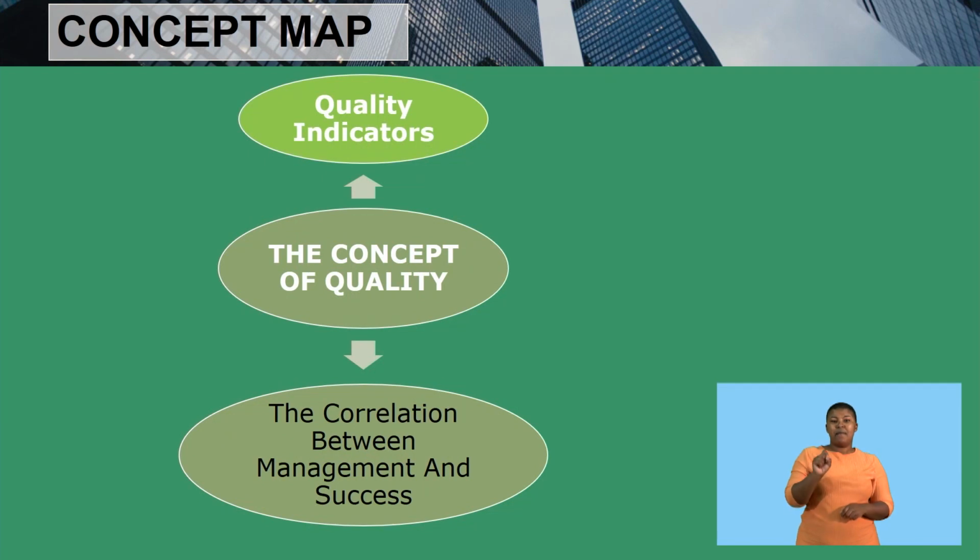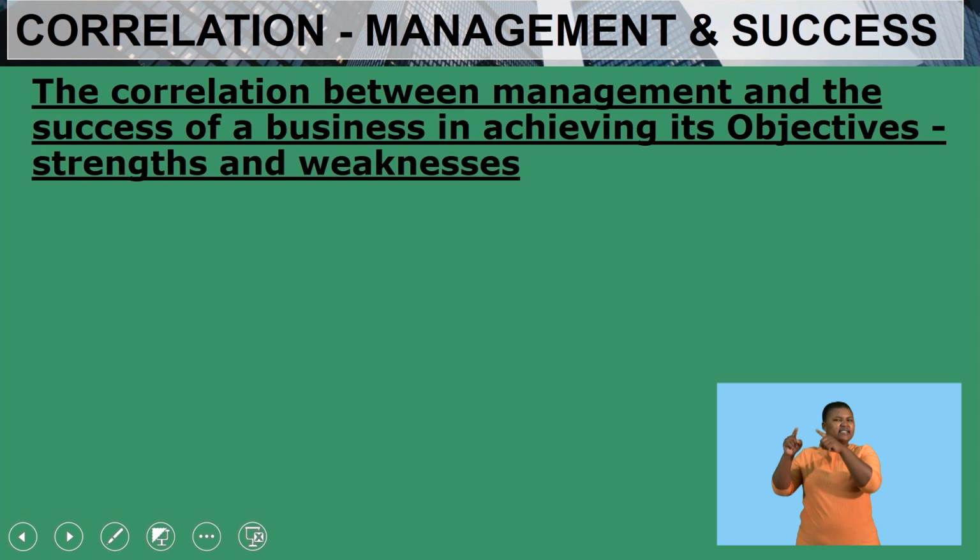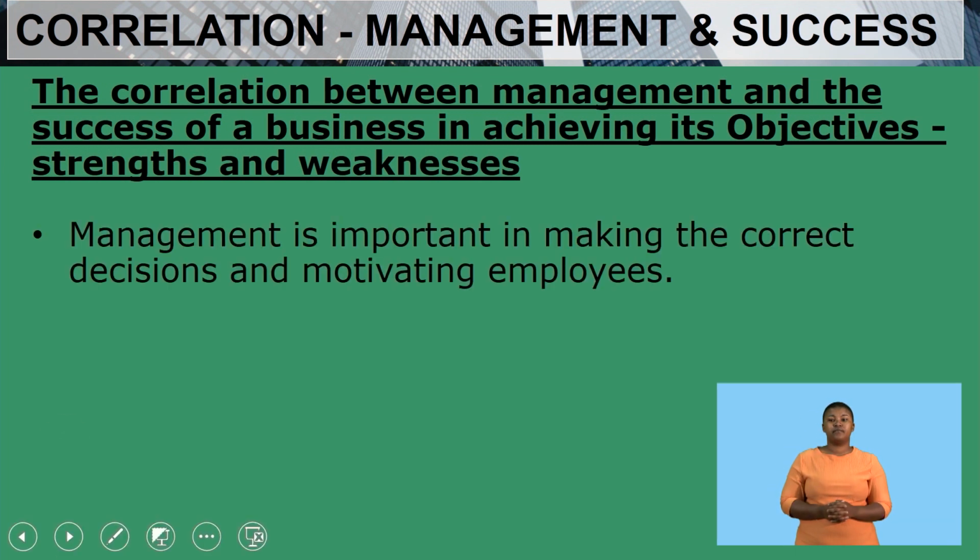We are now moving on to the second concept of our concept map, and that is the correlation between management and success. So what is the relationship between good management and achieving our success and our objectives? Management is very important because management makes all the decisions and plans in the business.